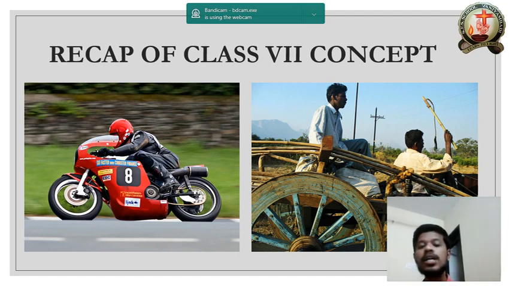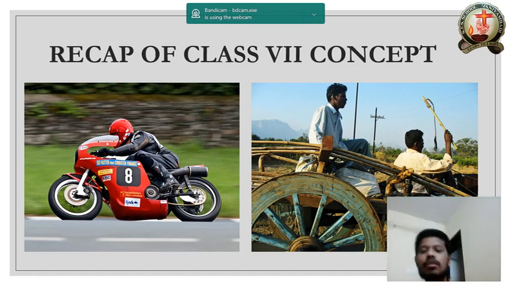The same way, if I travel from Vanembadi to Ambur on a bike, I am able to reach Ambur in hardly 20 to 30 minutes, right? Because when we compare the speed of a bullock cart with a bike, the speed of the bike will be much faster when compared to that of the bullock cart.